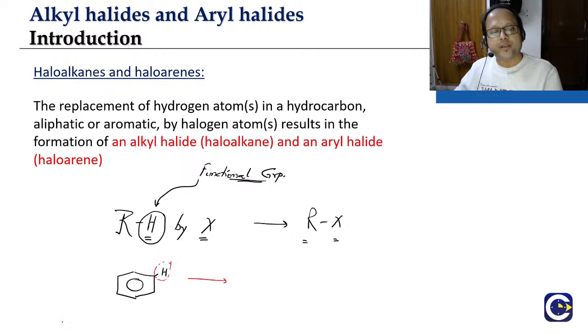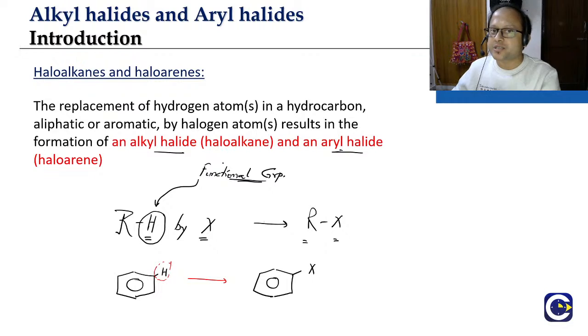And what are we going to obtain? We are again going to obtain benzene, all right, but now this hydrogen is replaced by X. So this becomes our aryl halides or halobenzenes, right? So this is what we have also written here. So I hope this part is very clear to you guys.